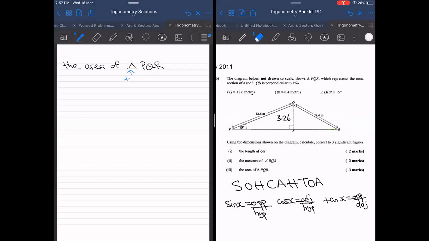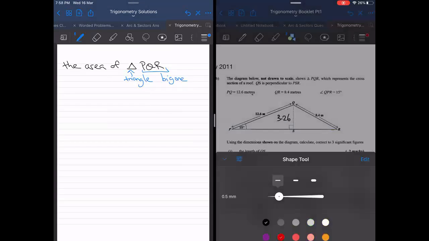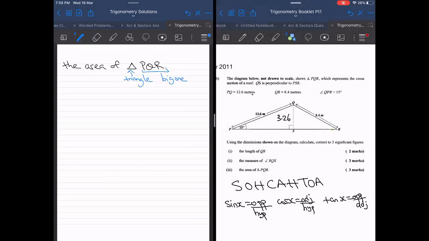So this means triangle, they don't actually have to say it. This is the big one. Let's use the red. So they want the big triangle.